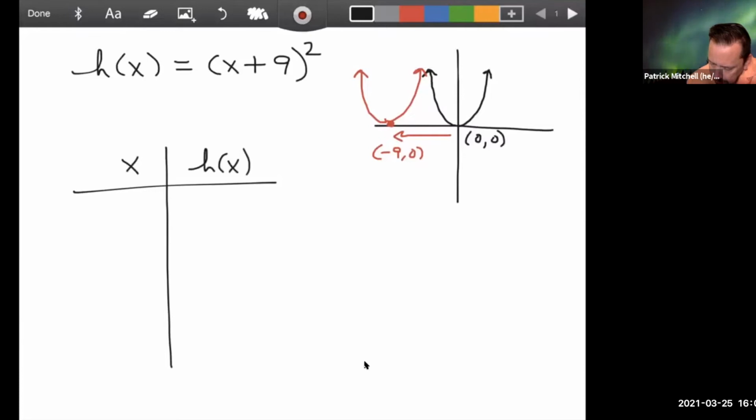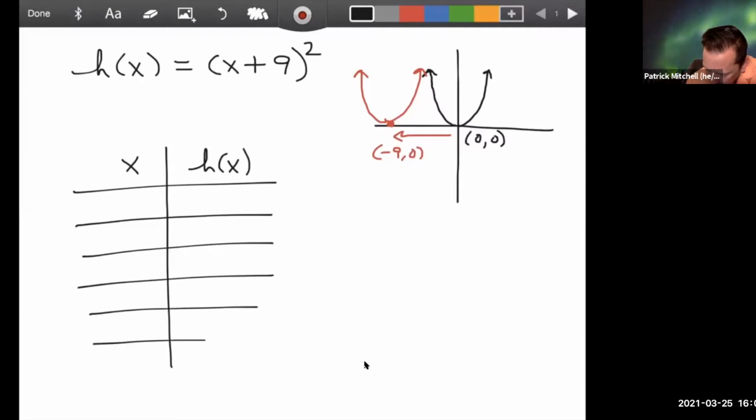And I recommend maybe 5 points, including the x value that represents the vertex. And I am going to put that value right in the middle. So if we have 1, 2, 3, 4, 5 points, x equals -9 represents the vertex. So I'm going to put that one right in the middle, and I'm going to pick 2 values that are less than -9, like -11, -10, and 2 values that are greater than -9, let's say -8, -7.